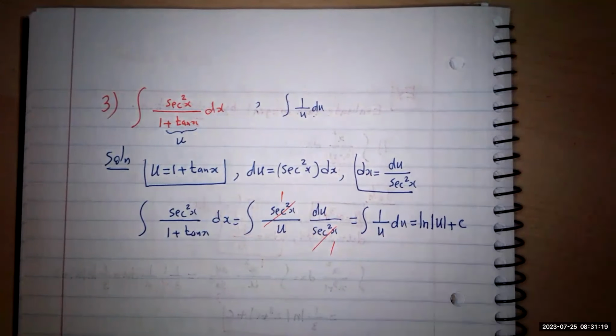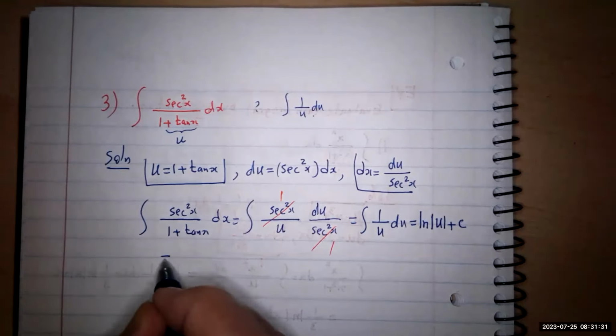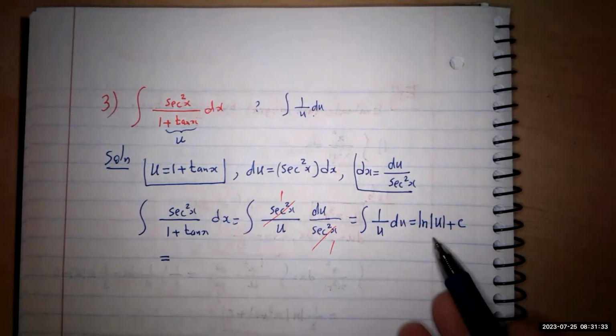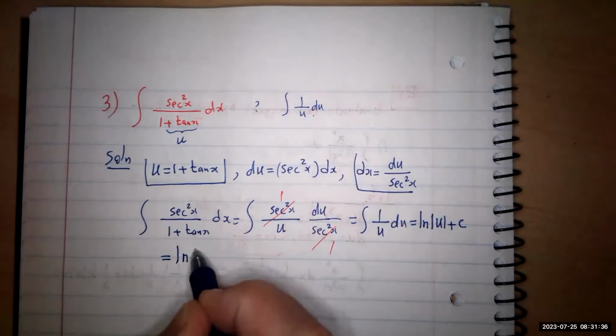Remember, always when you use the natural log, you have to use the absolute value to guarantee that this is going to be the case. So this is going to be equal to ln of the absolute value of u, and what is u? 1 plus tan x, plus the constant c, and that would be the final answer.